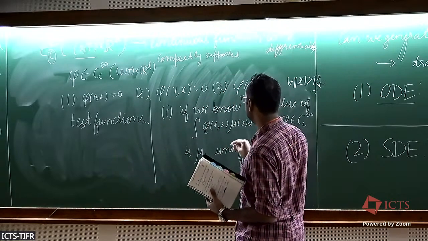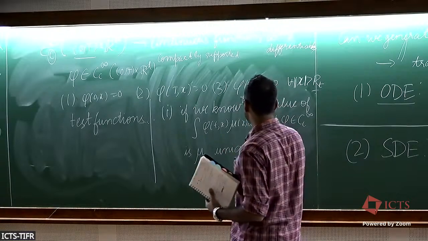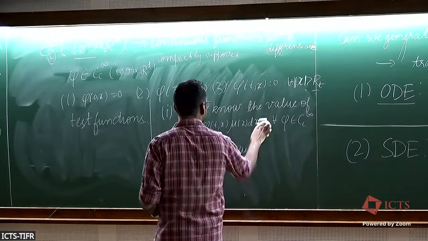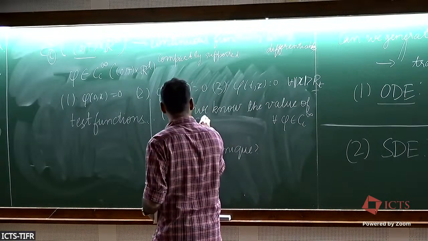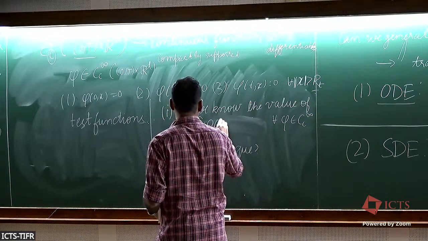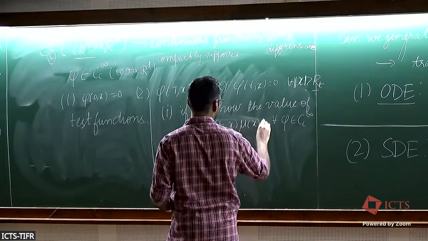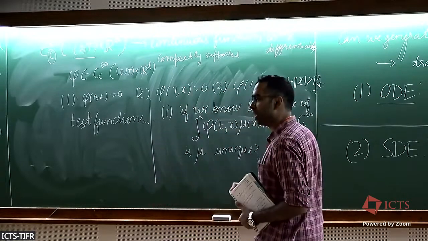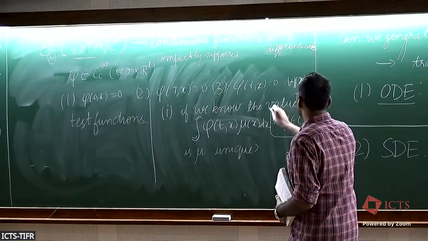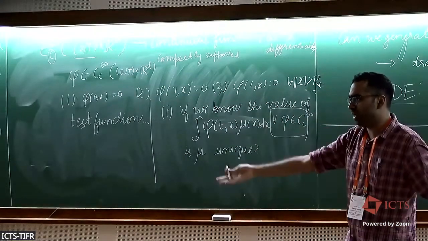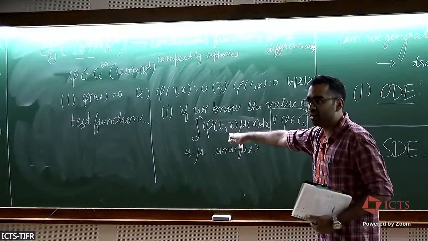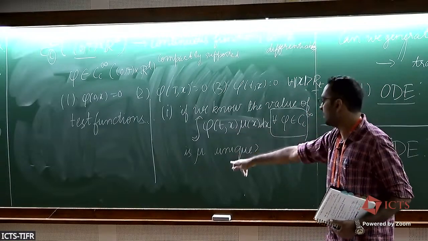Sorry, it's very illegible. Can you read it now? For all phi, whatever phi you tell me, I'll tell you the value of this integral. Can you uniquely determine mu?